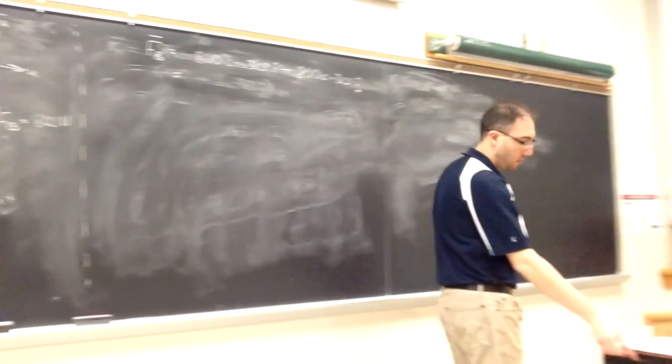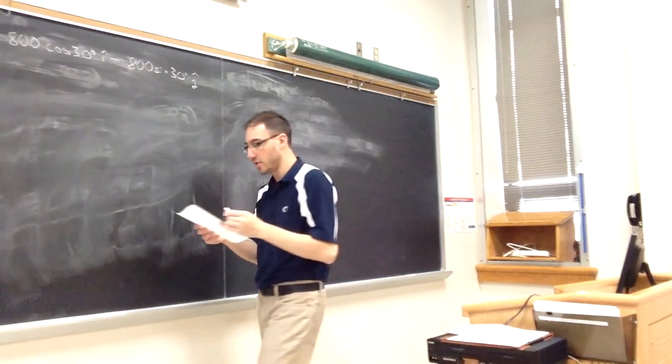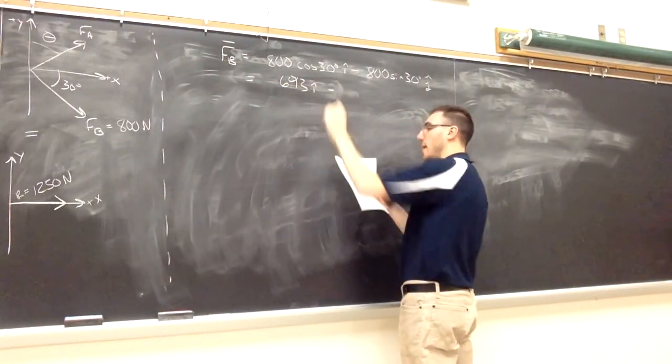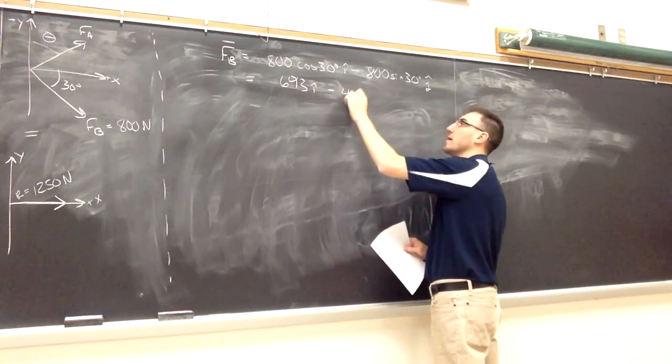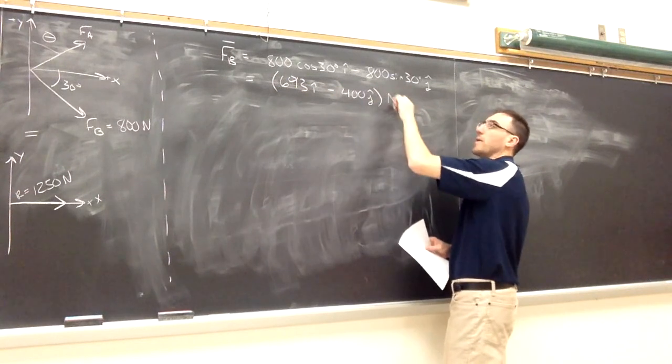Putting it into decimal form, FB we're going to find is 693 i minus 400 j, and we're in newtons for this.